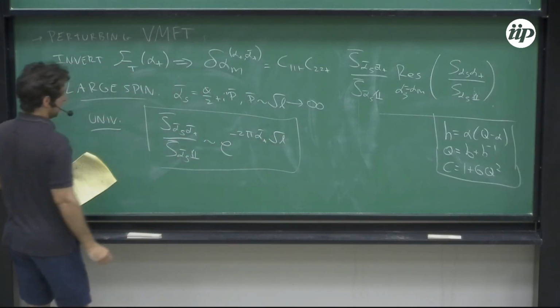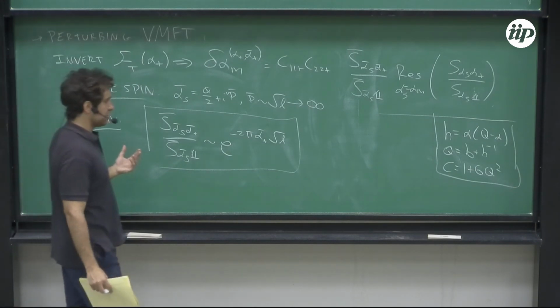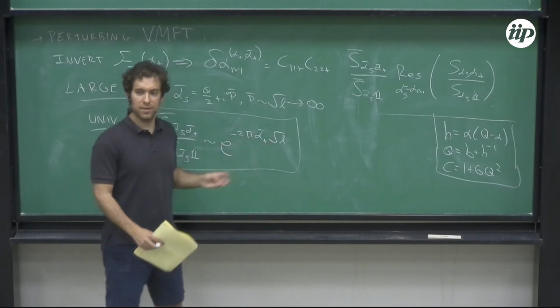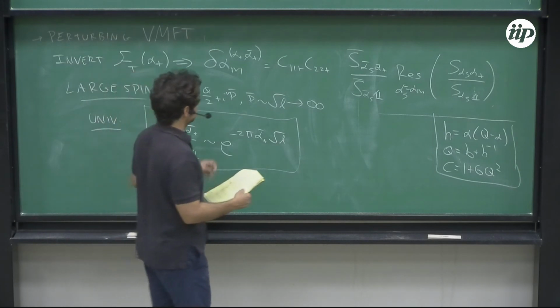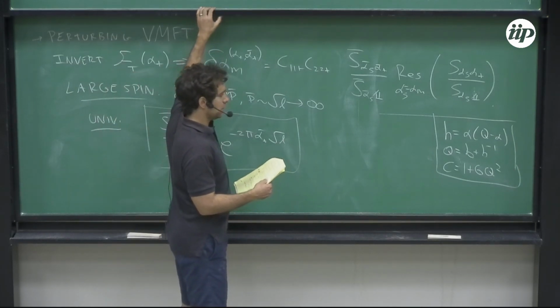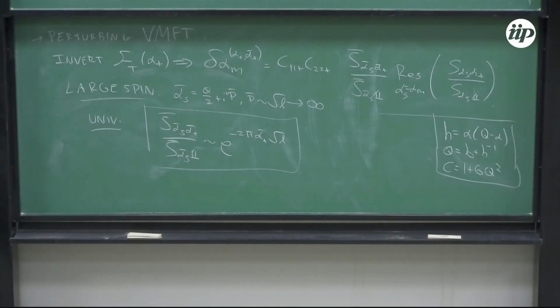So what that means is that any individual T-channel Virasoro primary operator only modifies the VMFT asymptotics by some exponentially small amount at large spin. This is an interesting contrast to the global case, where the large spin suppression is power law.